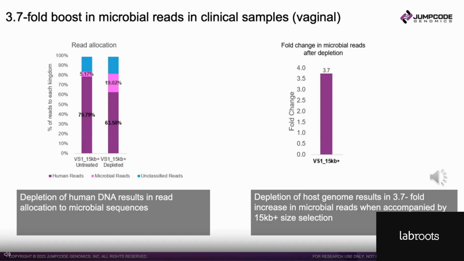And this increase, as we will see next, resulted in detection of more microbial species in samples where human genome was depleted using Jumpcode Human DNA Depletion Kit.